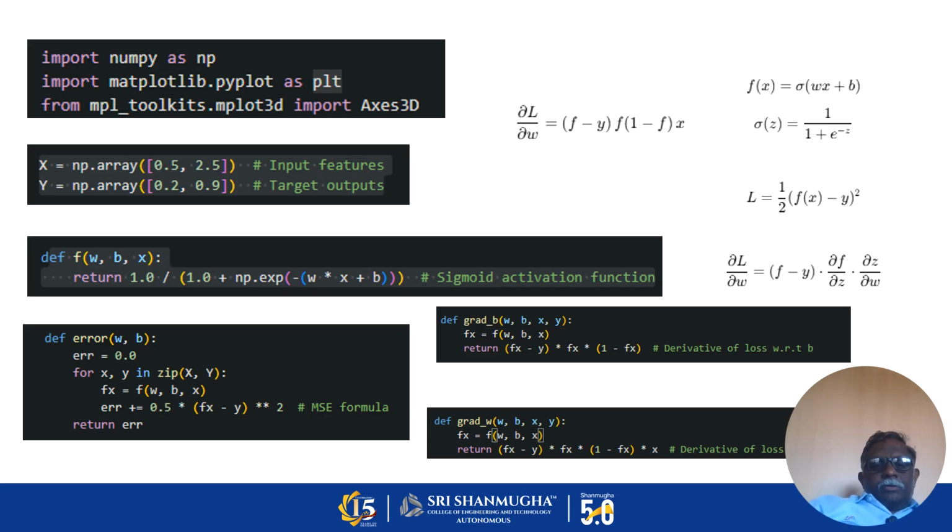Since we use two input values and this function, we try to find the error. Similarly, this is the derivative of loss with respect to weight, and the similar one is used here for the case of bias.